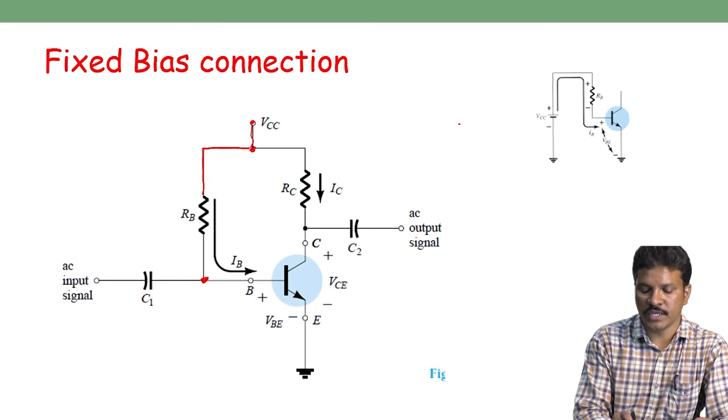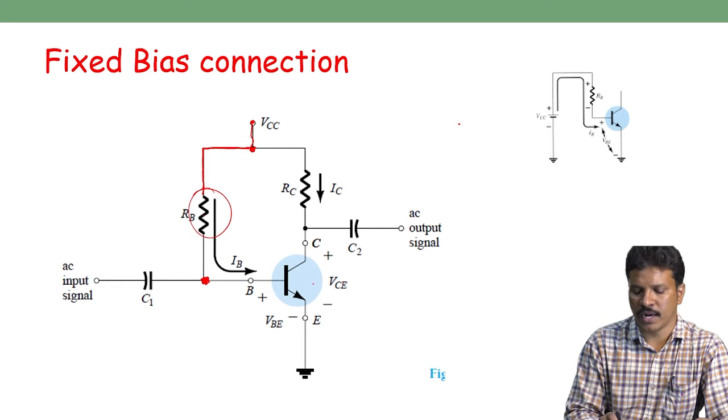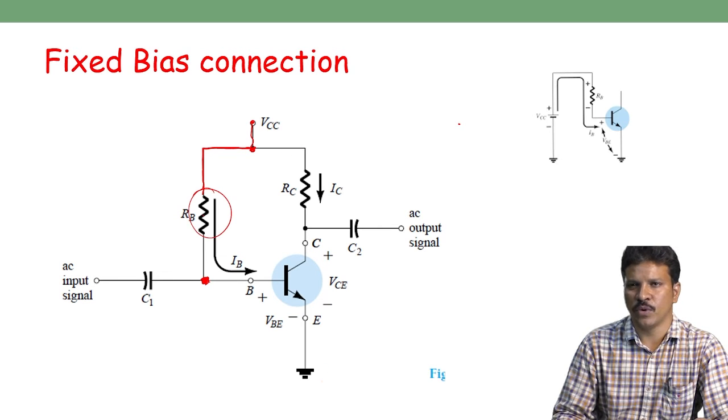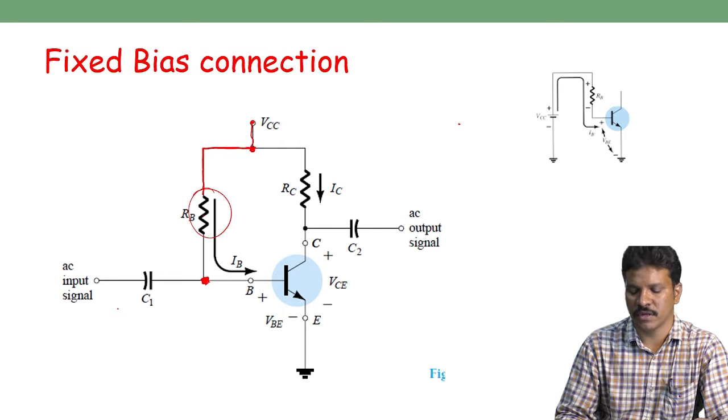The VCC voltage is applied to the base resistor, some voltage drops across the base resistor, and the remaining voltage is available at the base point. That voltage turns the transistor on, and current passes through the collector and emitter terminals, forming a closed loop at the output side. This idea is called fixed bias, or base bias, or base resistor bias.